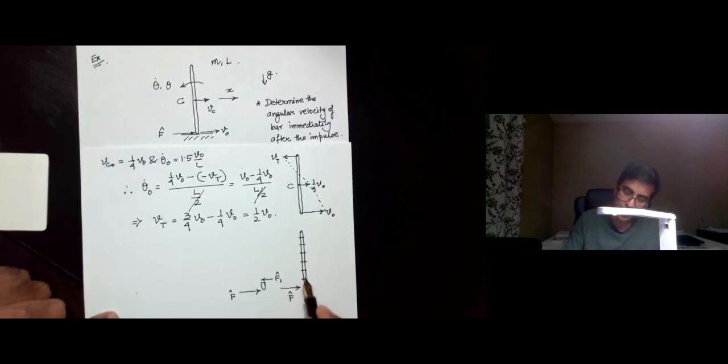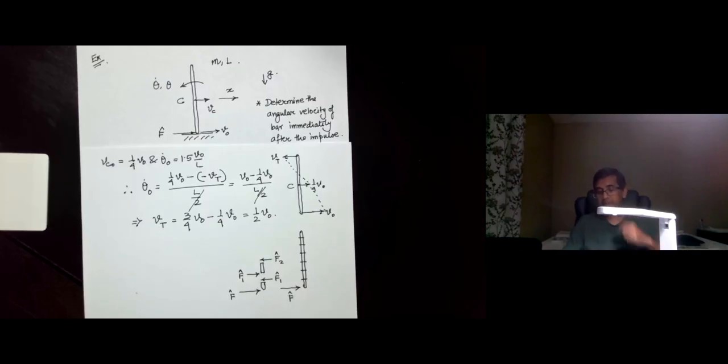That is because there are two elemental masses, and this f hat gets transmitted to this element, and it transmits to the next element, but the next element gives an equal and opposite impulse. So the next element then has an equal and opposite f hat 1, and then the same thing happens at its top. It gets an f hat 2, and so for each of these elements you can see that the result of this impulse at the bottom is that there are internal action-reaction impulses that are generated, and they travel to the top.